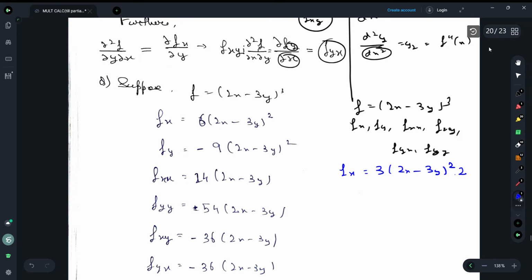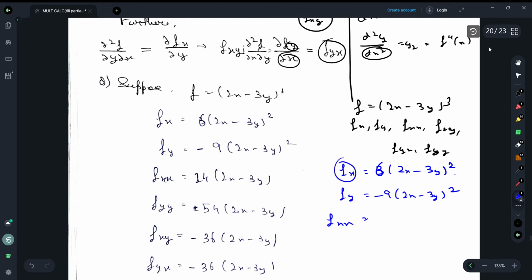That is 6 times this. Clear? What is fy? It is 3 times (2x minus 3y) whole square times minus 3, because we need to differentiate inside with respect to y. So it is minus 9 times (2x minus 3y) whole square. Is it clear?